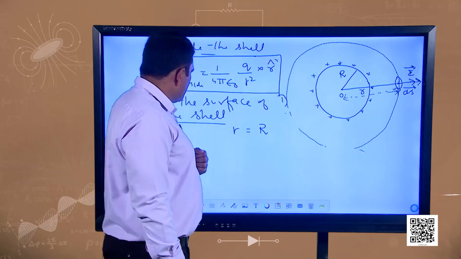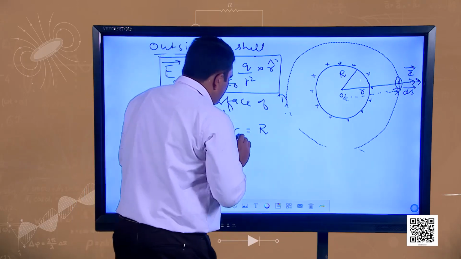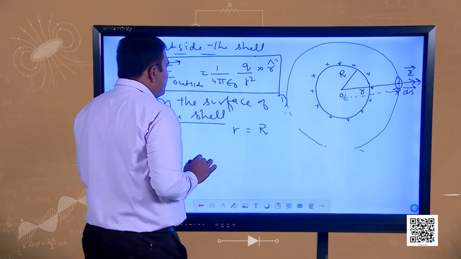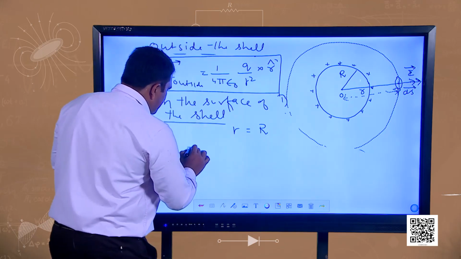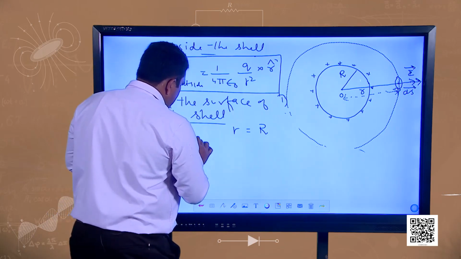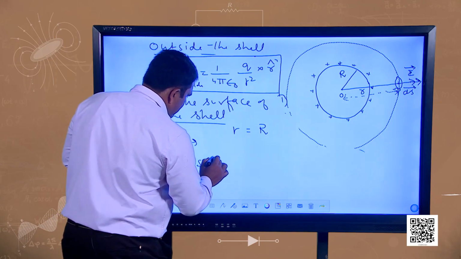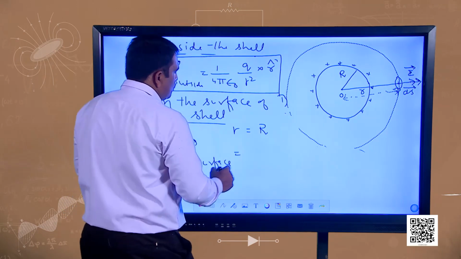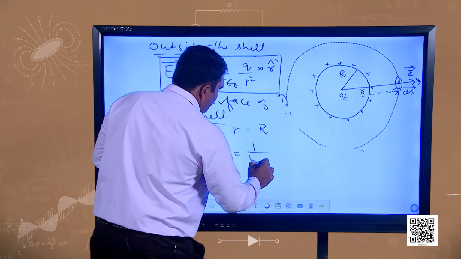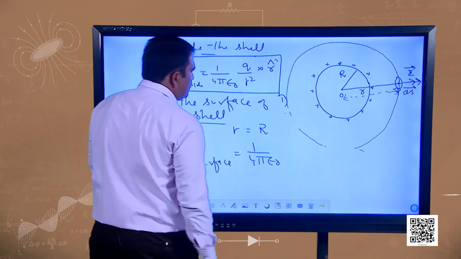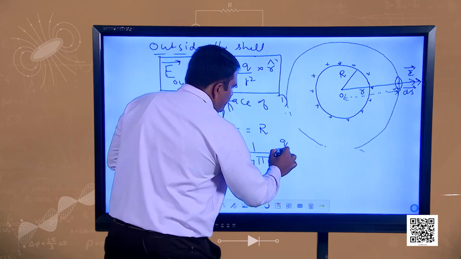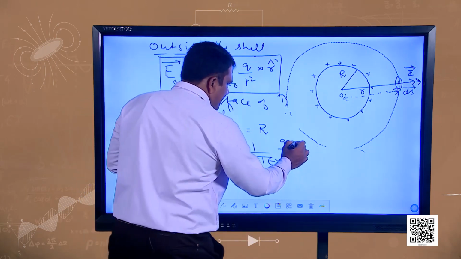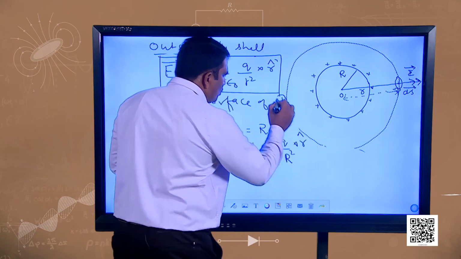Now if we replace small r in this formula with capital R, then the value of electric field at any point on the surface of this cell, you can denote it by E surface, and it is equal to 1 by 4 pi epsilon naught q by capital R square, and again it is directed radially outward.